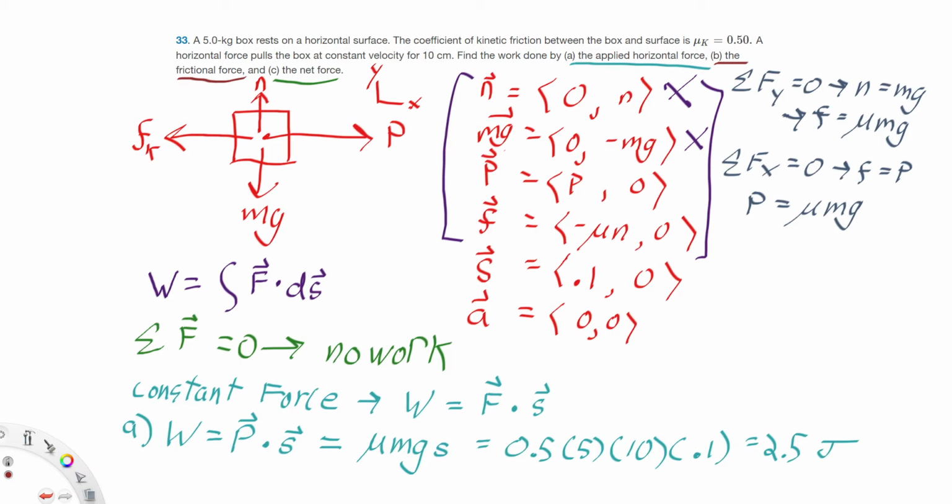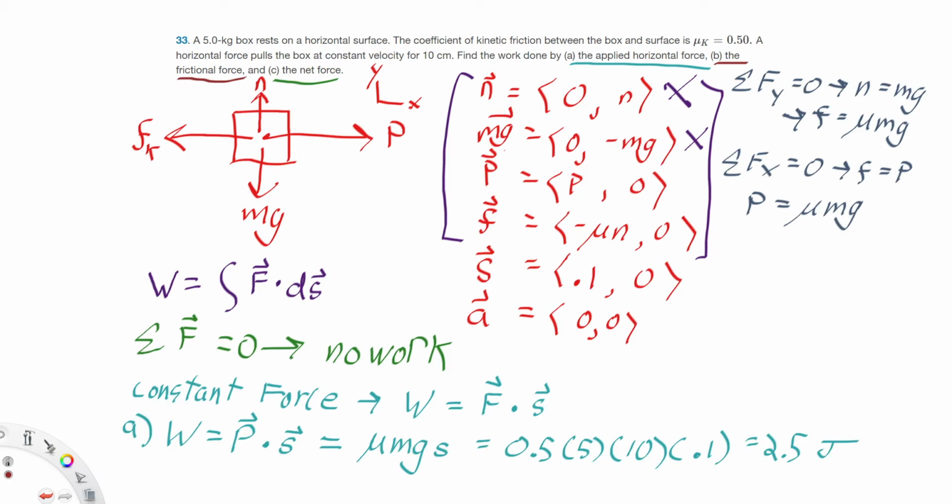Okay. So we could do the same calculation for the frictional force. We could say the work done is equal to mu mg times s, right? But we already know that there's no net work done on the box. When we did part C, we calculated that no net force means no net work.